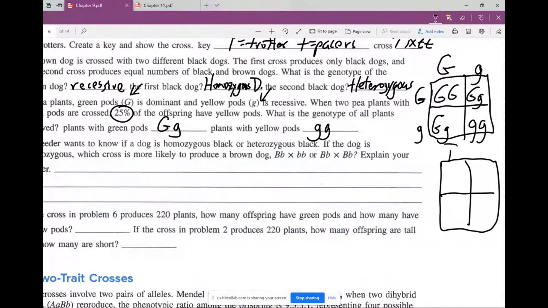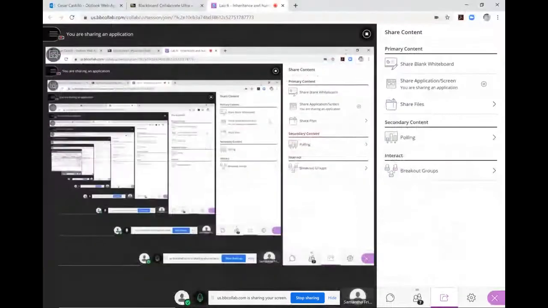Well, if I do this cross, what are the chances that I'm going to get some brown dogs? These guys are going to be black, and these guys are going to be brown. Oops, sorry.